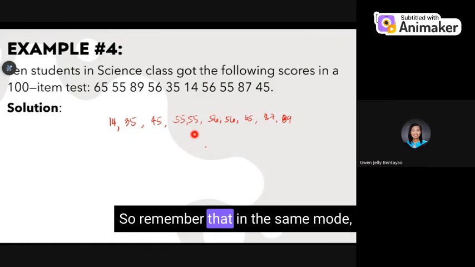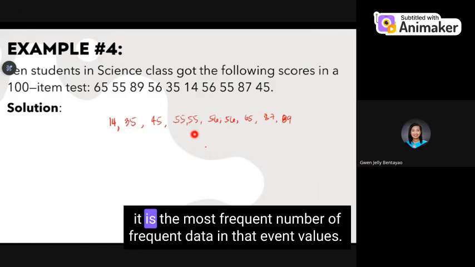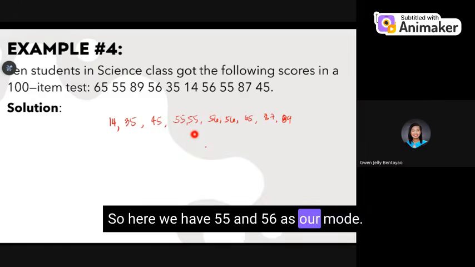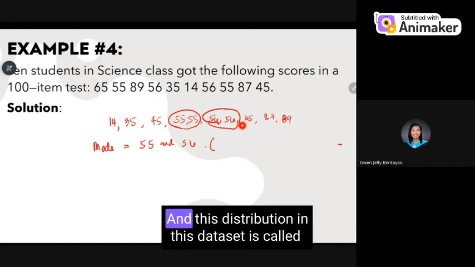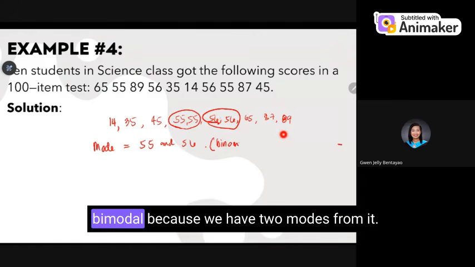Remember that when you say mode, it is the most frequent data in the given values. So here we have 55 and 56 as our mode. This distribution in this data set is called bimodal because we have two modes.